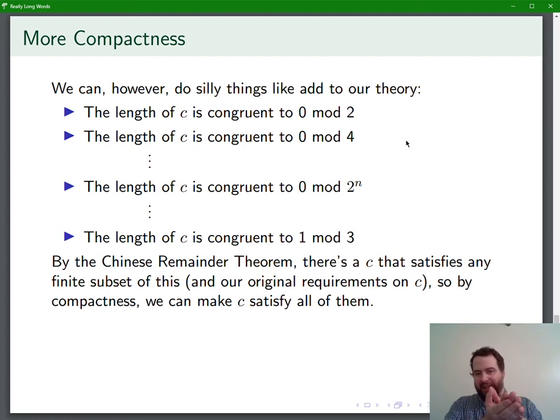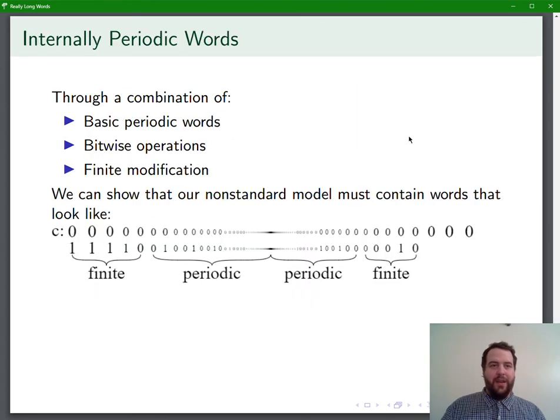Obviously we can't have, oh, the length of C is odd and divisible by 4, right? You can't have that because that's not finitely consistent. But this set of formulas here is finitely consistent. That just means that any finite subset of it is consistent. And then you can again just use compactness to manifest the thing, which is quite fun.